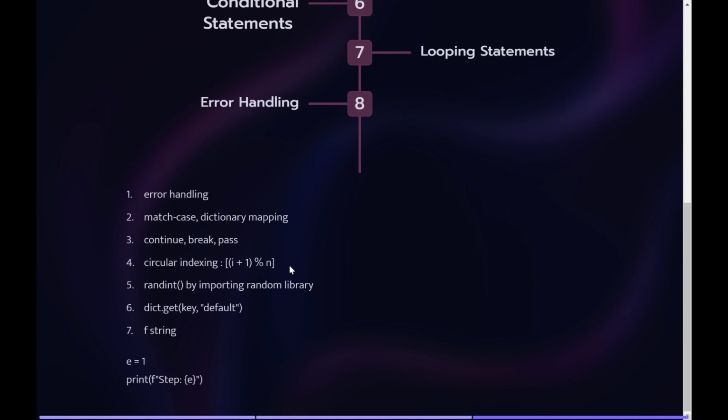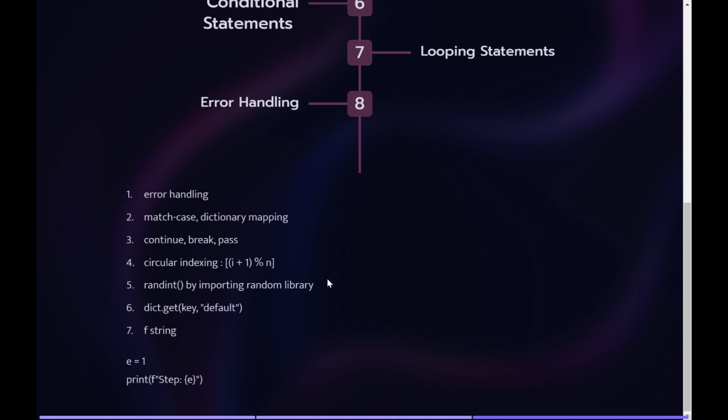And that is how circular indexing works. And we had an interesting game where we used the random library, and from that library we used a function called randint to generate random integers. Moving on, we have a lot of other random number generating functions.